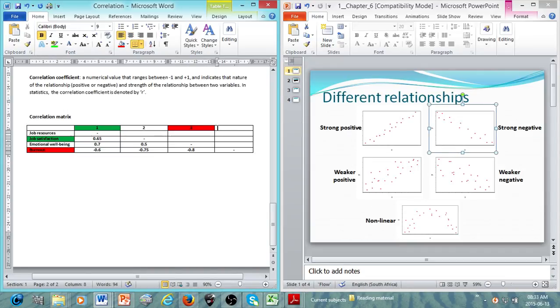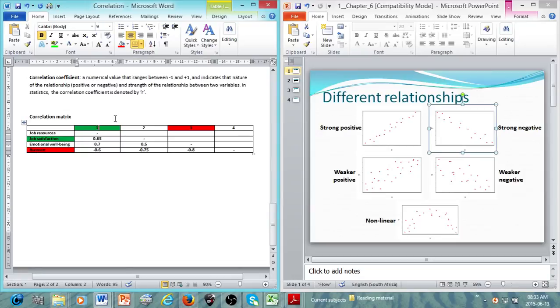Okay, moving on. Now in a correlation matrix, if you think about it, in an article we've got limited space.